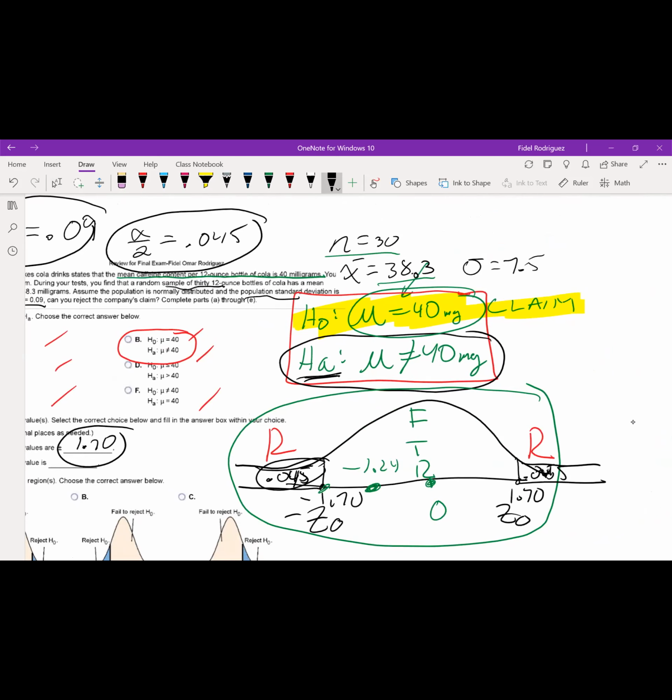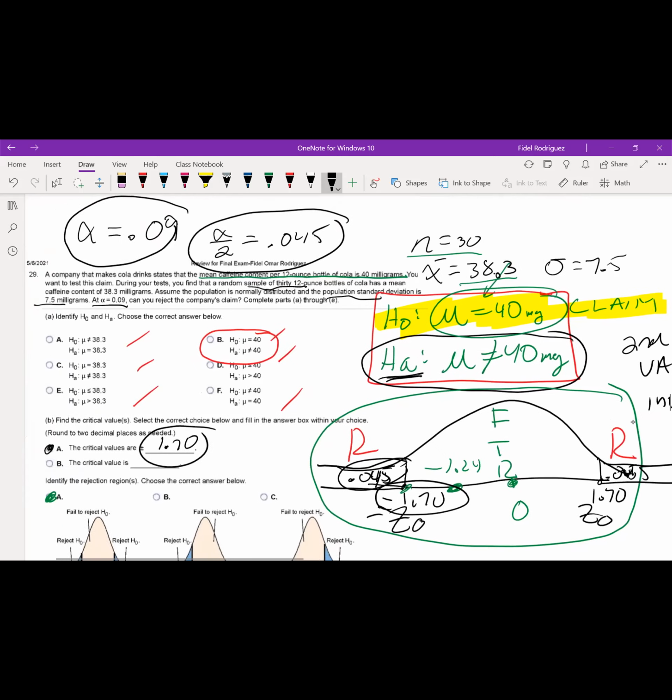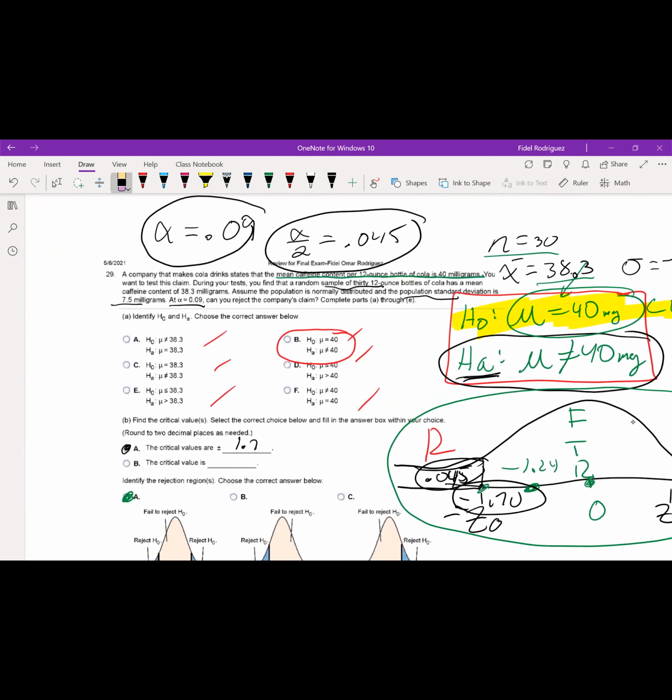So the way I do that part is I'm going to go second, VARS, and I'm going to go inverse norm, and then 0.045. And when we did that, I came up with a negative 1.70, but because this was a two-tailed test, that's why I put it in right here, because we came up with both positive and negative. Okay. I hope I answered your question, Jasmine.